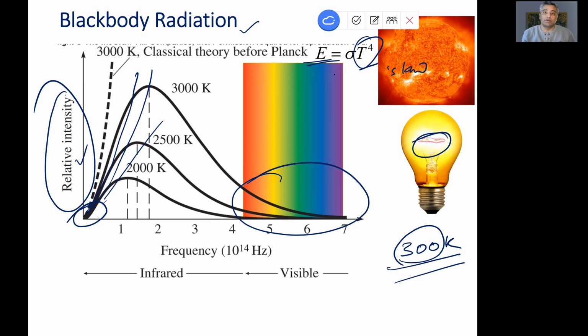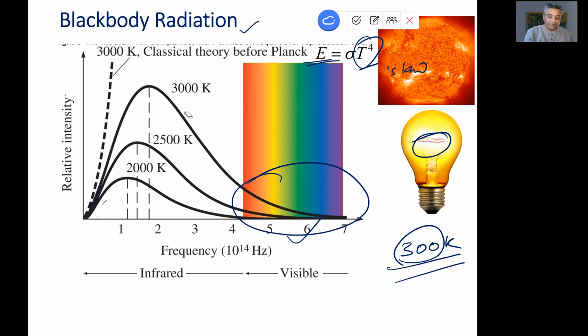But when people did the experiment and did this plotting here at different temperatures for different frequencies, they found that, okay, it's not following the classical theory predicted by this law.